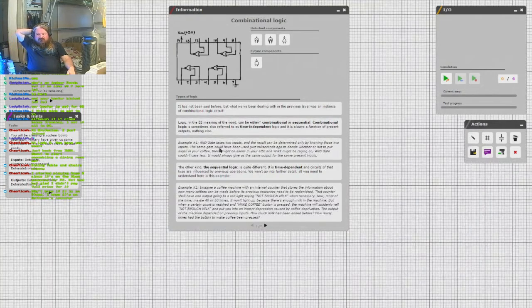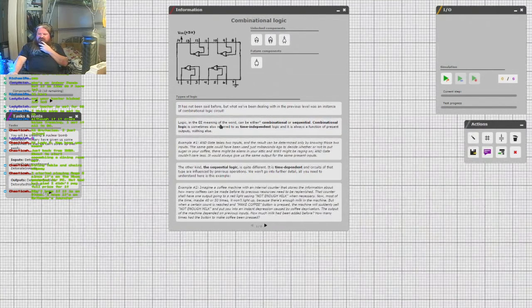Combinational logic. It has not been said before, but what we've been dealing with in the previous level was an instance of combinational logic.